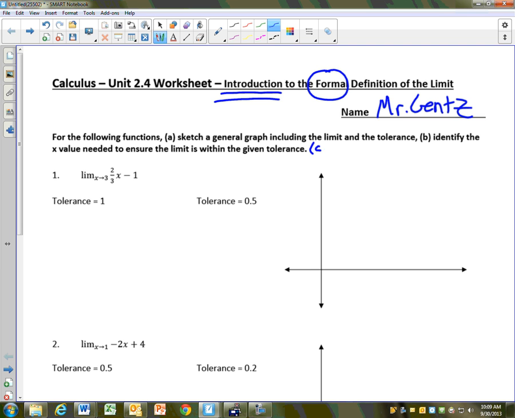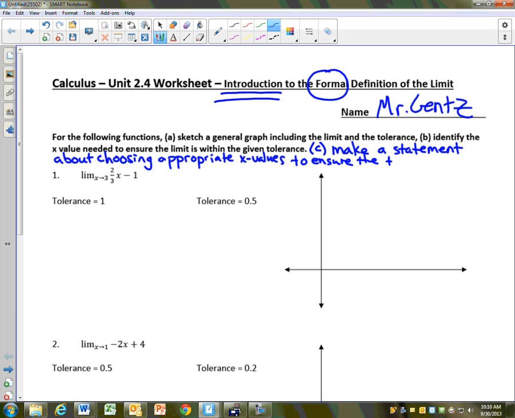And C, make a statement about choosing appropriate x values to ensure the tolerance.